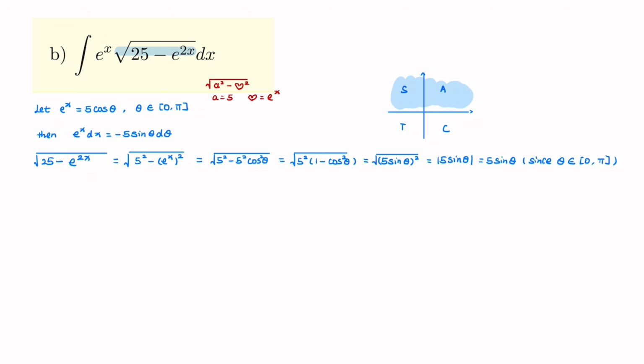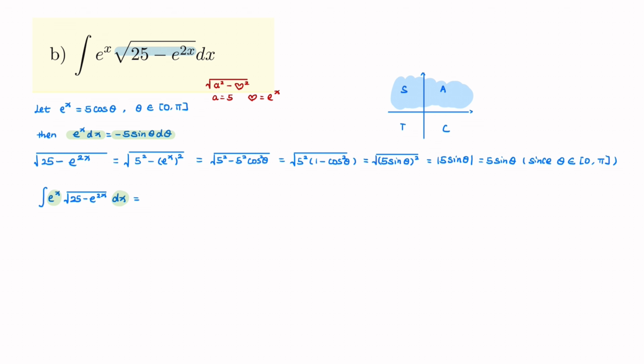Alright, and now I can go back to my integral and rewrite my integral as an integral of theta. So let's copy it down first. 25 minus e to the 2x dx. So before I know that e to the x dx equals to this. So the whole e to the x dx can be replaced using this part.